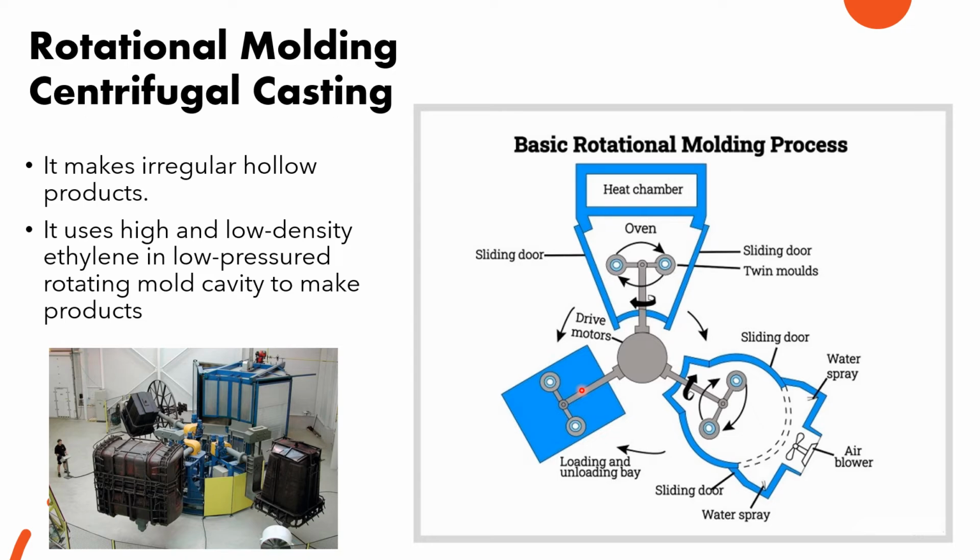It uses high and low density polyethylene in a low pressure rotating mold cavity, okay, to make the products. And here is a two-dimensional cross-section where you can see how it can be rotated. You have your heat chamber, you have your air blower right here, and the water spray to cool it down.